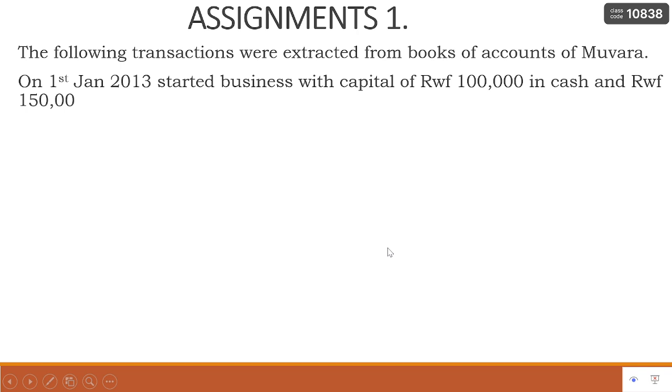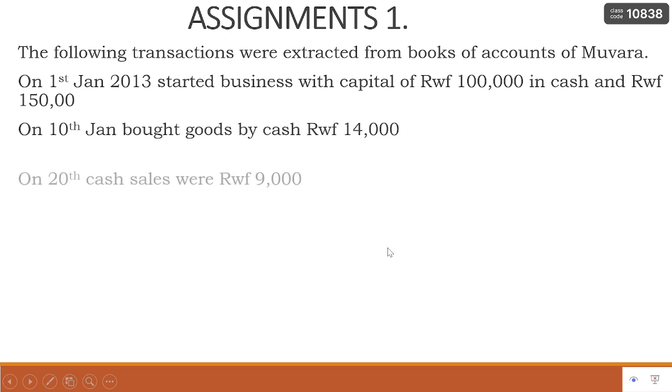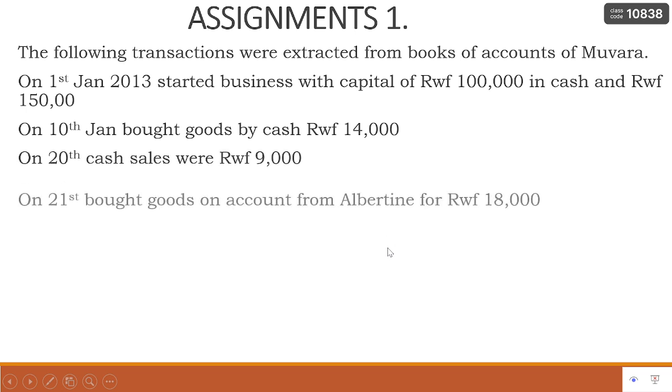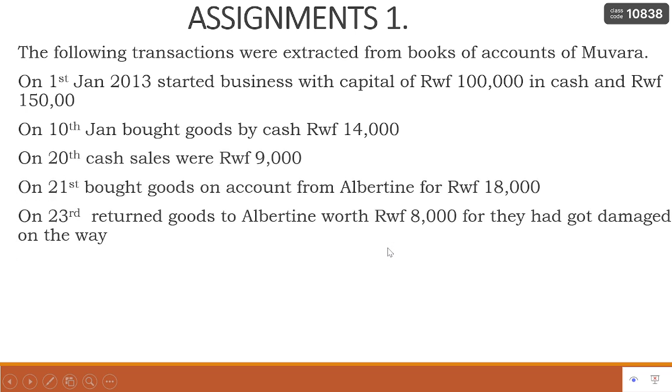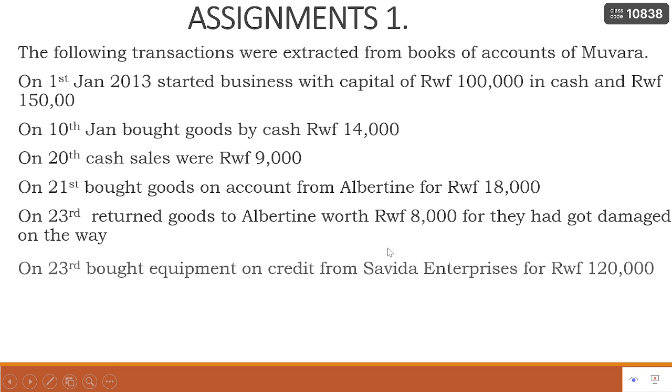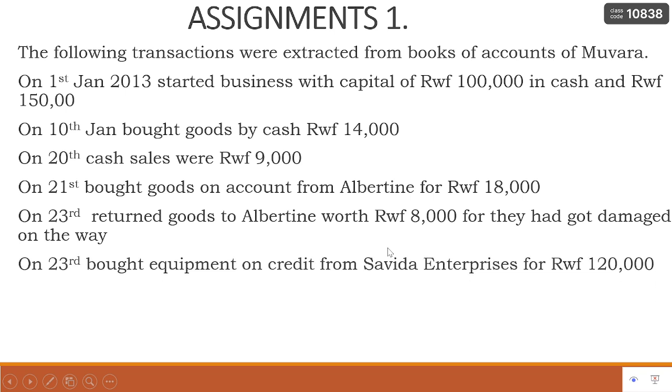On 1st January 2013, started business with capital of 100 million in cash and 150. On 10th January, bought goods by cash, 14 million Rwandan francs. On the 20th, cash sales were 9,000. On the 21st, bought goods on account from Abertine for 18,000.